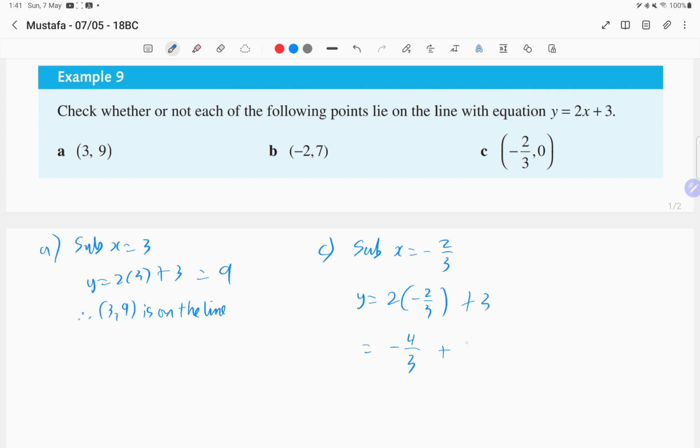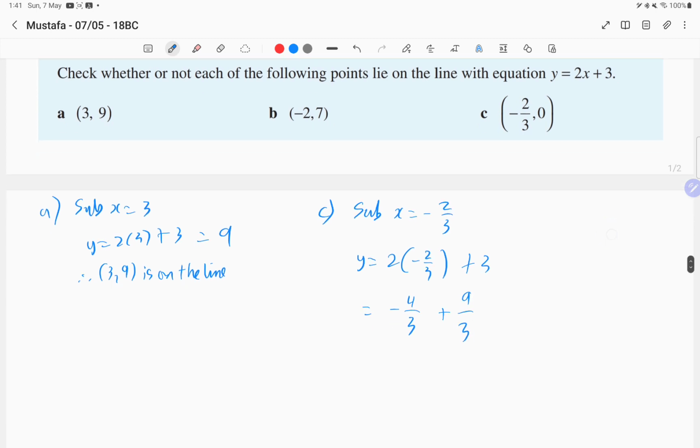There's just 3. How do you add them together? 2 and 1 over 3. Yes, that's right. But it's best to just convert that to a fraction, so 9 over 3. Okay. When you subtract it, it will be 5 over 3.